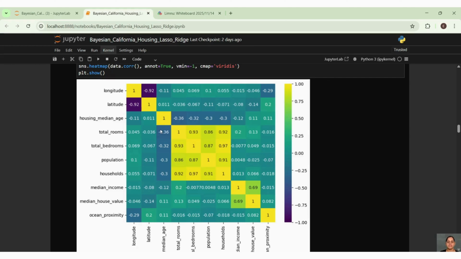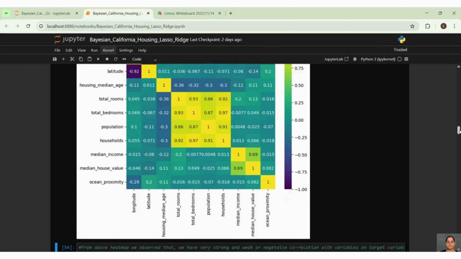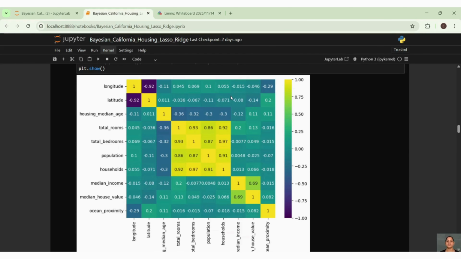And let's explore the relation part now, because this is the most important step before proceeding. So here I can see that longitude and latitude are negatively correlated. It's not even positive, right? And I can see that the total rooms, total bedrooms, population, household, and the median income are all getting related to this value. What is it?